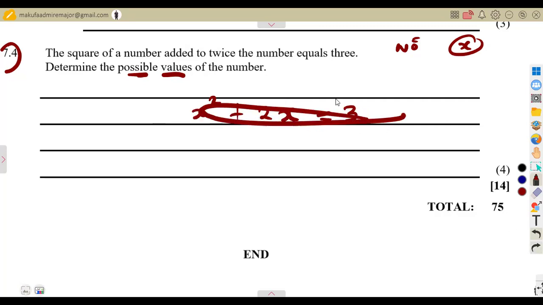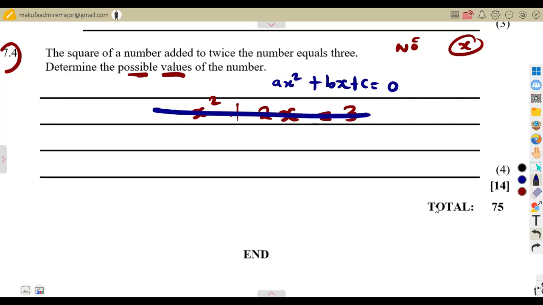This is a quadratic equation, the highest exponent being 2. The format first: ax squared plus bx plus c is equal to 0. Take all terms to one side of the equation. That is x squared plus 2x. Take the 3 to the other side of the equation. The moment that it crosses the equal sign, it changes the sign.